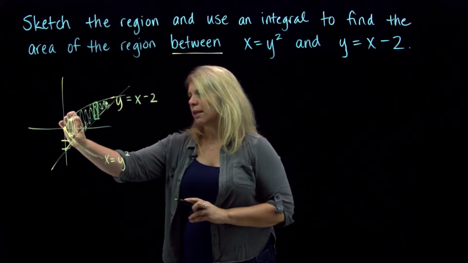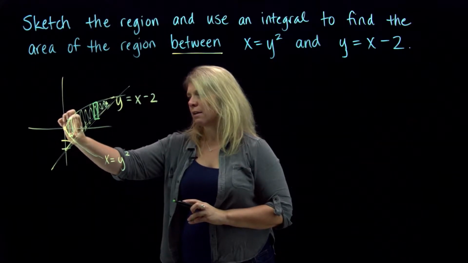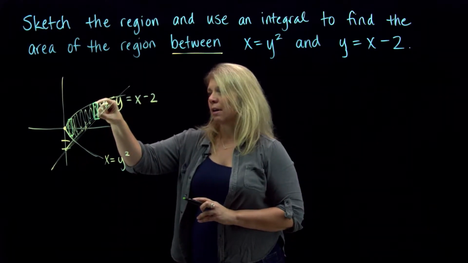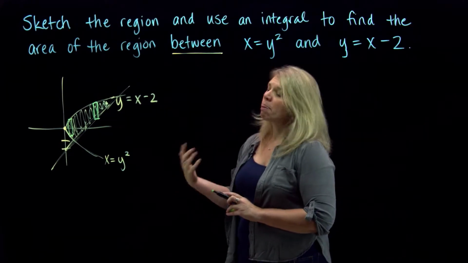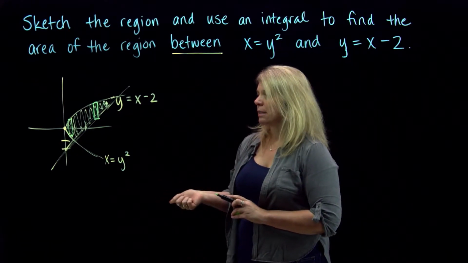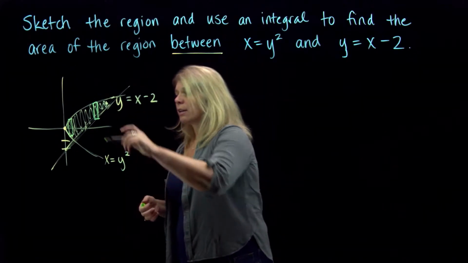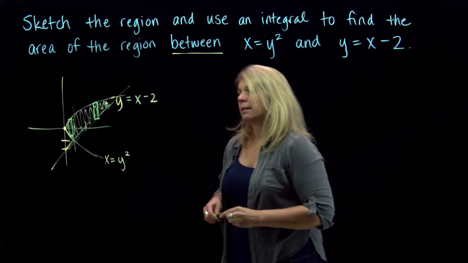So on this part of the region, I've got the top half and the bottom half of the parabola defining the height. And then on this part of the region, I have the top half of the parabola and the line defining the height. So while you could do this one using a delta x partition, the integration is a little more difficult, and you actually have to split it into two separate regions where that splits.